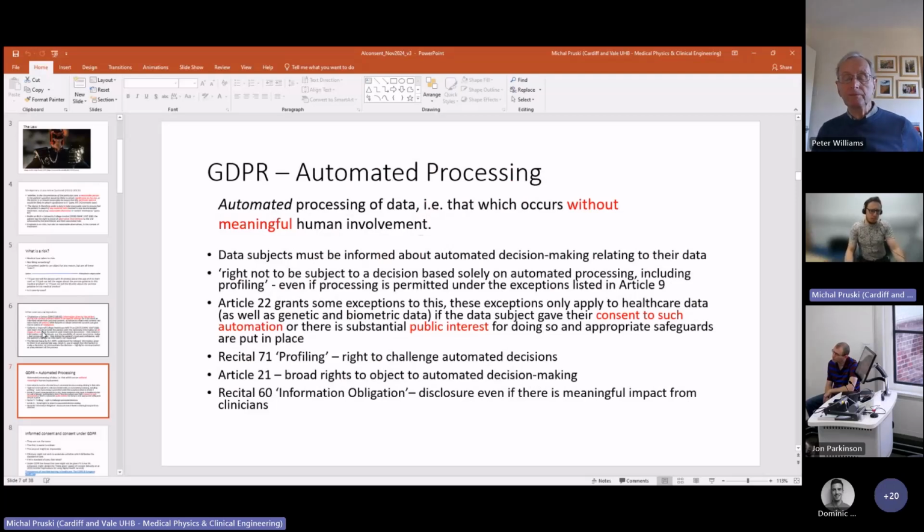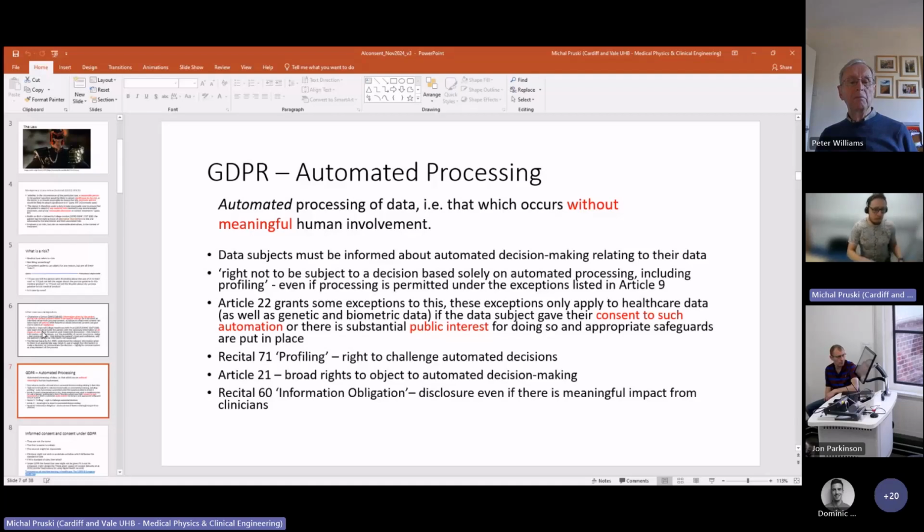And Article 22 grants some exceptions to these, but with regards to healthcare, these focus on situations when consent to such automation has been explicitly granted, or when there is substantial public interest and there are some appropriate safeguards put in place. Now, an important thing to remember is that for the purposes of what's mostly happening today, we're not really talking about such automated processing of data, because there's usually, hopefully, meaningful human involvement in the process.